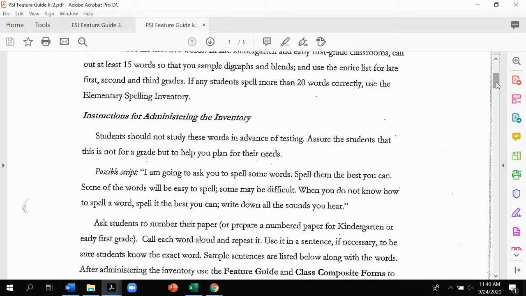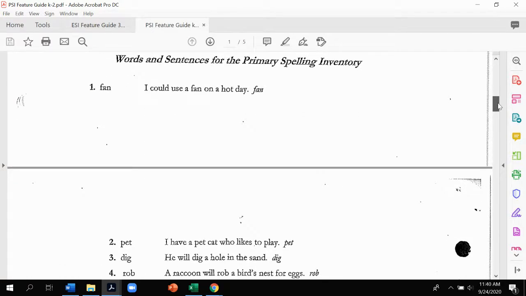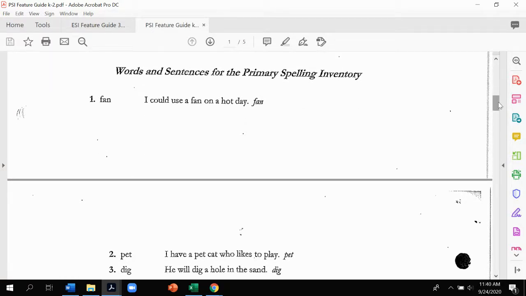The rest of it comes in the post spelling test when you have to analyze the information that you've been given. So I'm just going to scroll down to the list of words that you would use for the primary spelling inventory. It starts here on the bottom of the first page with number 1. The first word that you want to ask your student to spell is fan.